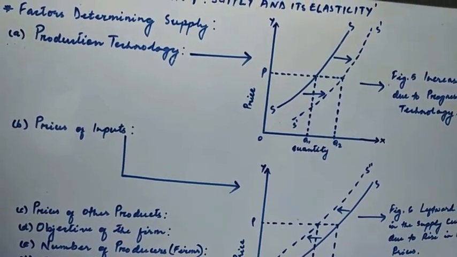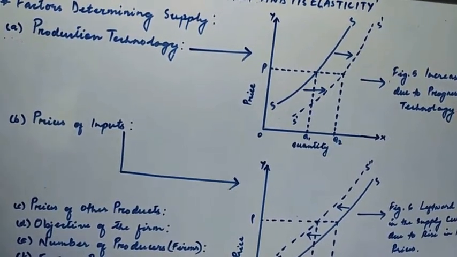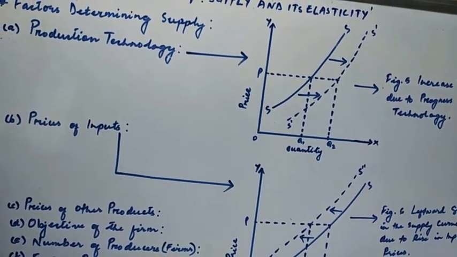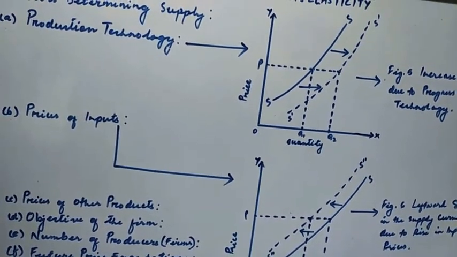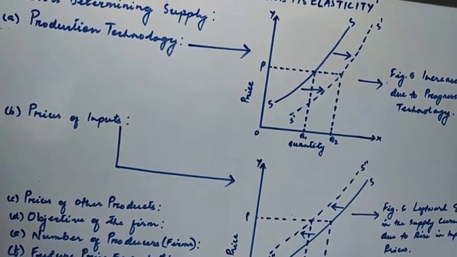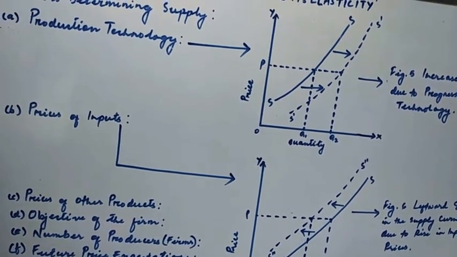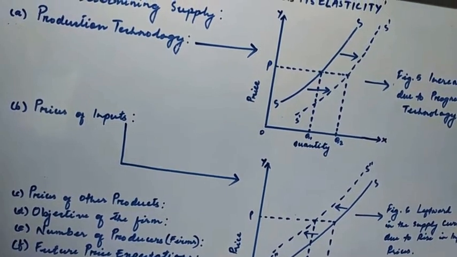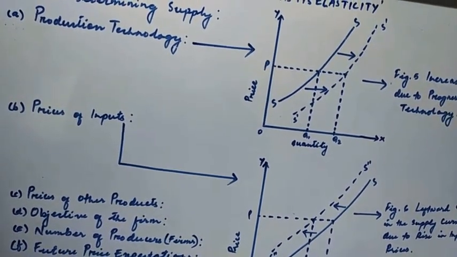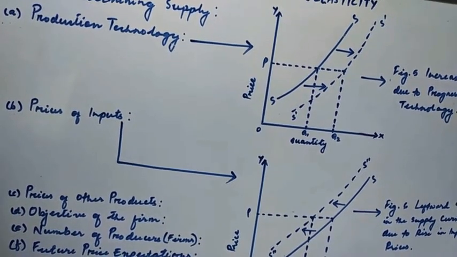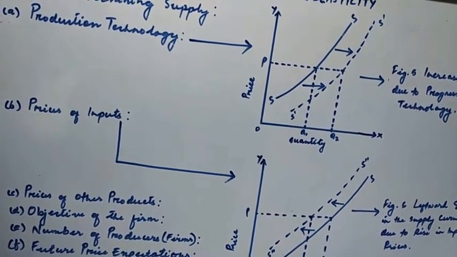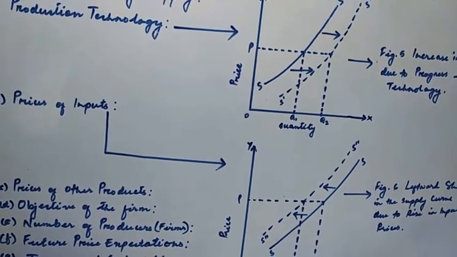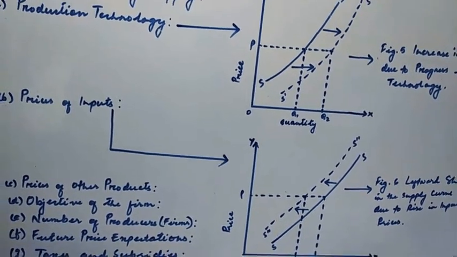If there is an advancement or improvement in production technology that is used by the firms, productivity of factors increases, and then marginal cost of production declines for any given level of output. So in that case, the firms would supply more than before at a given price.